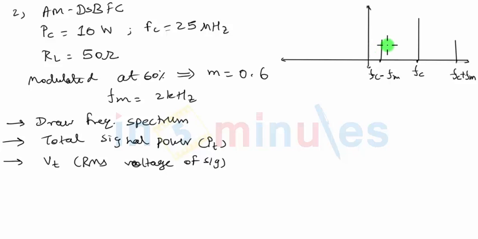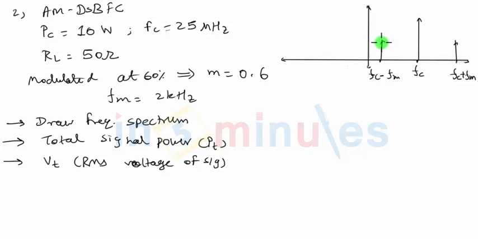These are the impulses corresponding to all three frequencies in the signal. I can draw the same three impulses on the other side to have a two-sided representation, with impulses at minus FC plus FM, and minus FC minus FM.